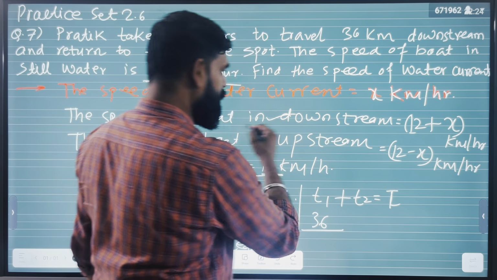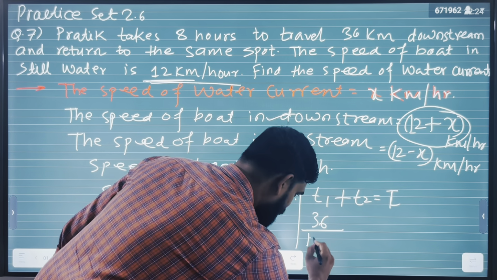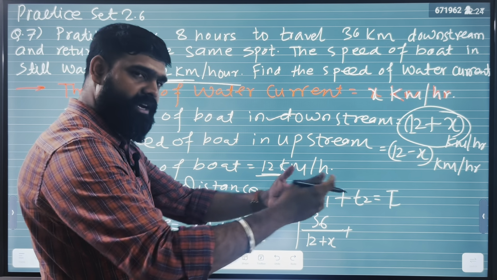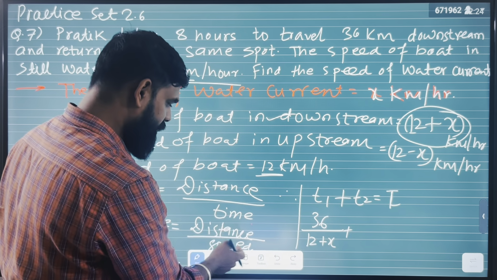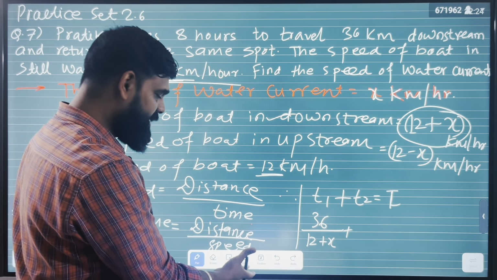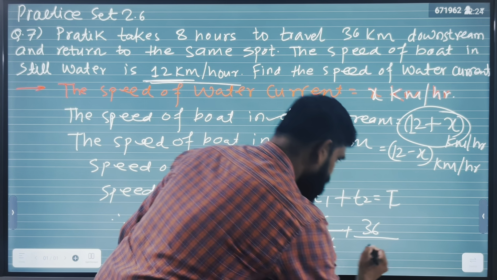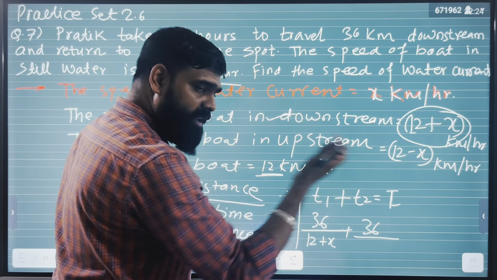The speed of the downstream is 12 plus x. So 36 by 12 plus x, plus T2, which is the return. He is returning, so T2 is distance by speed. The distance is 36 kilometers, and the required speed is upstream.